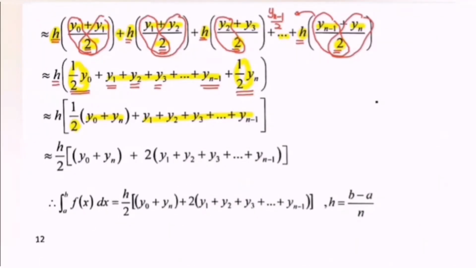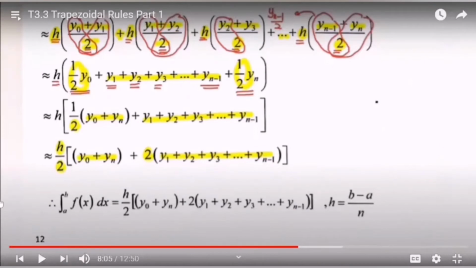So if we factor out the 1 over 2, we will have h over 2 multiply with y0 plus yn. So in here, if we factor out 1 over 2, means that we have to multiply the 2 with y1 until yn minus 1. So rewrite the situation. So here we will have.